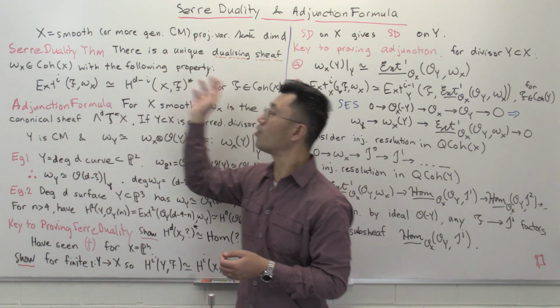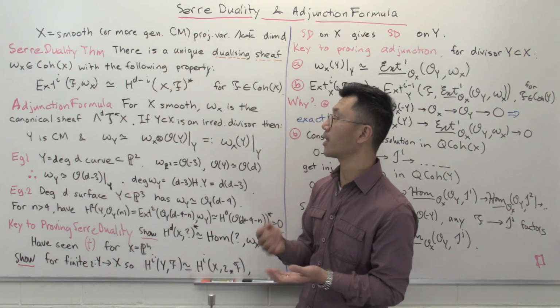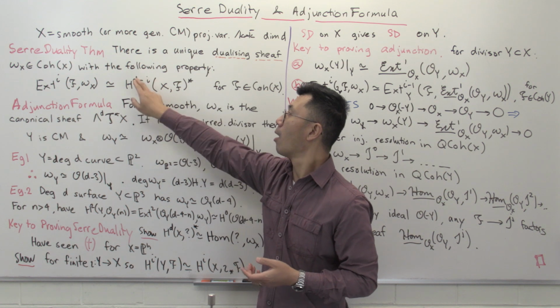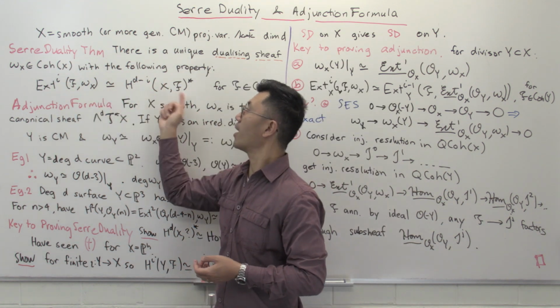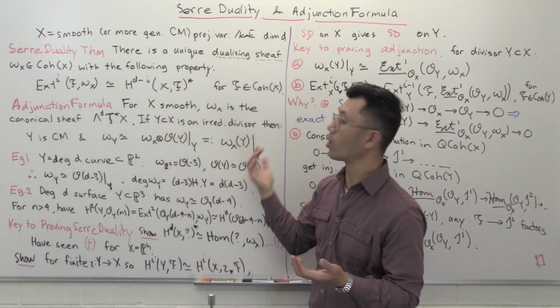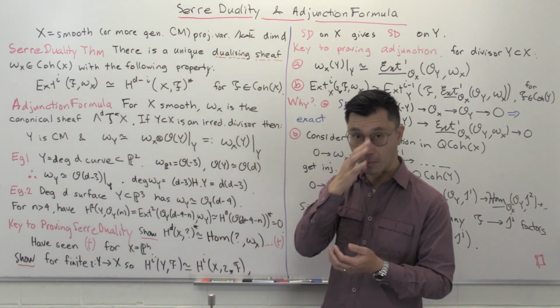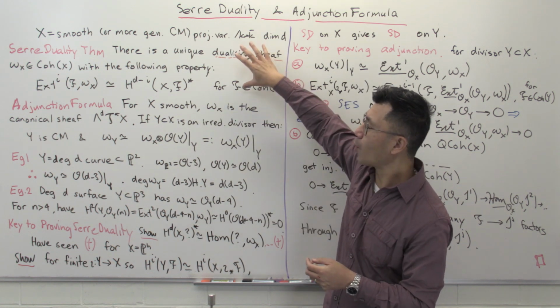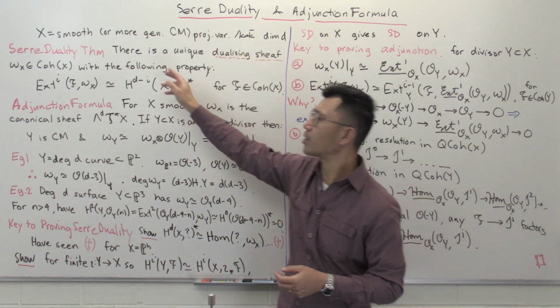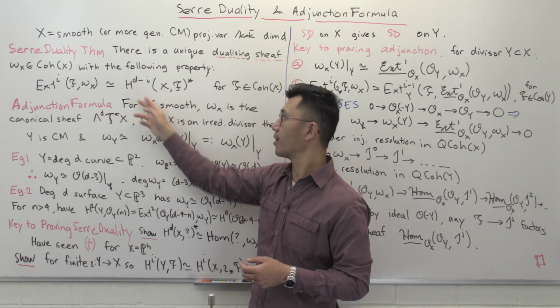So this generalizes what we saw for curves, where d equals 1. The interesting case there was i equals 0, but it also works for i equals 1, and in fact they're really the same theorem.